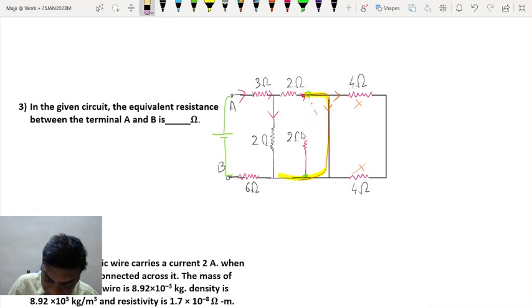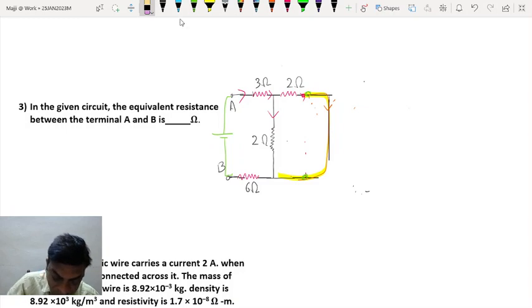You can remove them because no current flows through them. Simply remove those resistors because there's no point in keeping them. So this is the situation. As you can see, these two are in parallel, because their ends are connected to this common point and these two ends are connected to these two common points.